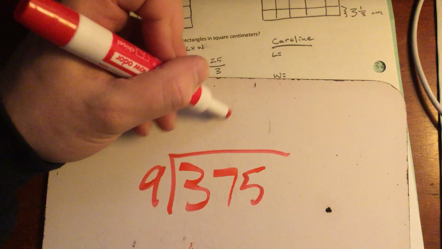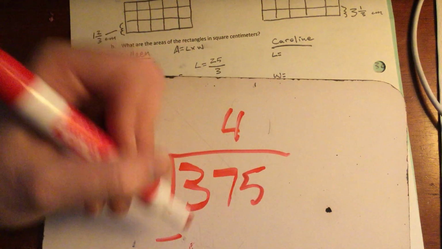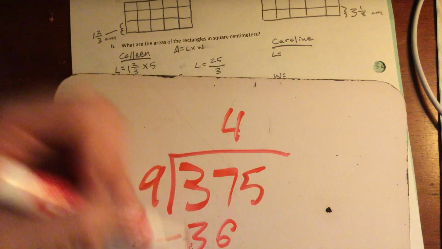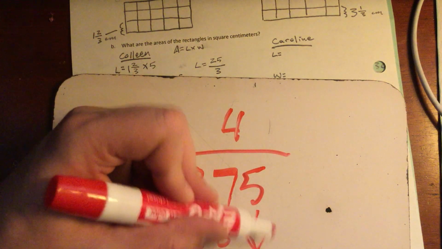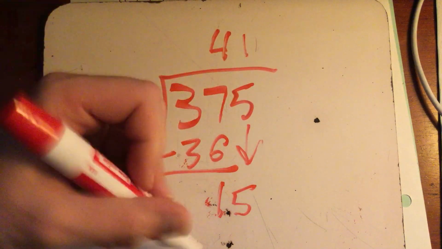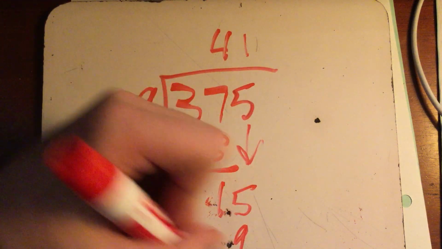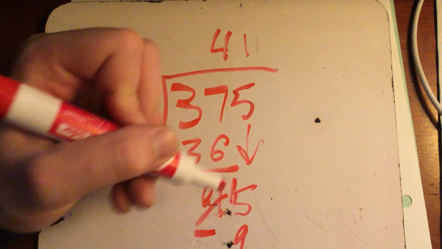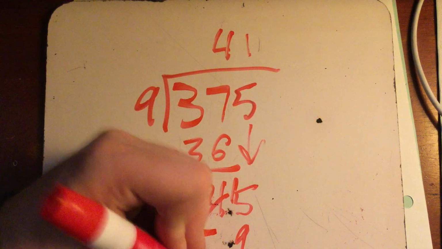It's going to go into 37 4 times. 9 times 4 is 36. 7 minus 6 gives me 1. 3 minus 3 gives me 0. Drop that 5 all the way down to make 15. I know that 9 goes into 15 one time. 9 times 1 gives me 9. Can't take 9 away from 5, so regrouping, 15 minus 9 gives me 6.